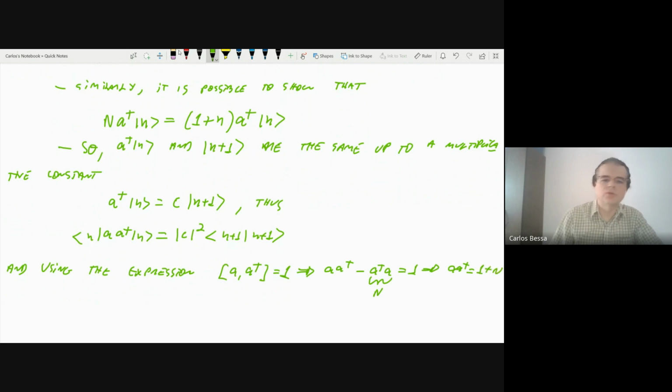And we can use here 1 plus n. So n a a dagger n is n 1 plus n, and this is just c squared.